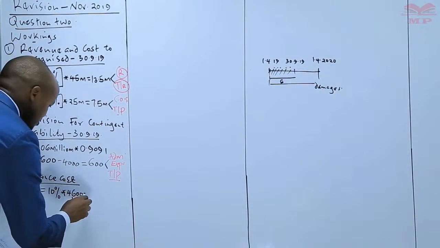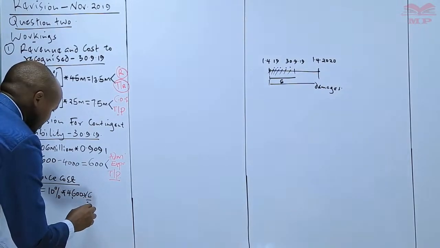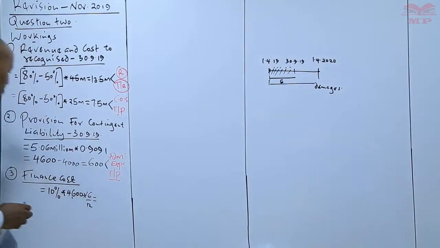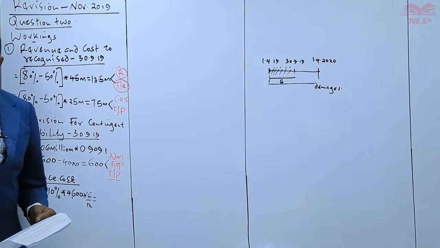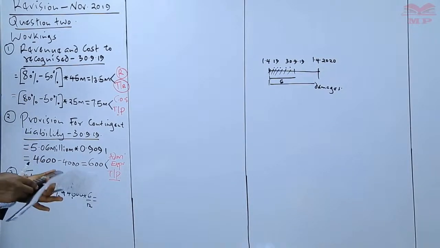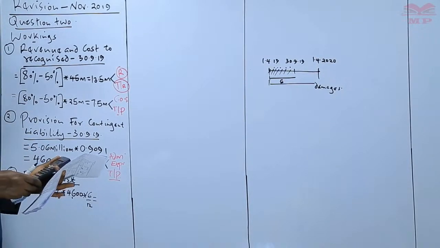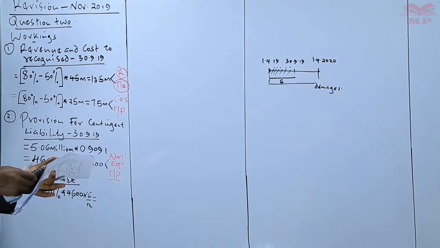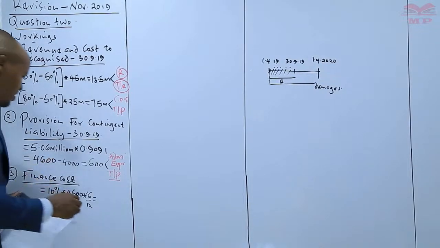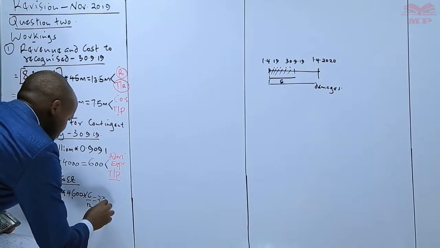So we need to multiply that by 6 over 12, and we get the amount which will be recognized as finance cost for the current financial year. So we have 10% times 4,600, times 6 over 12, and that will give us 230.